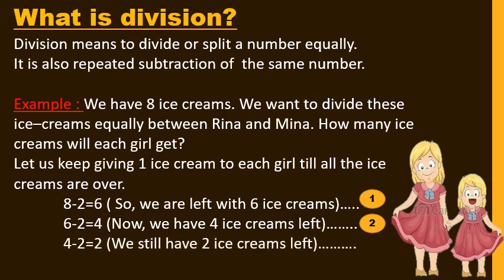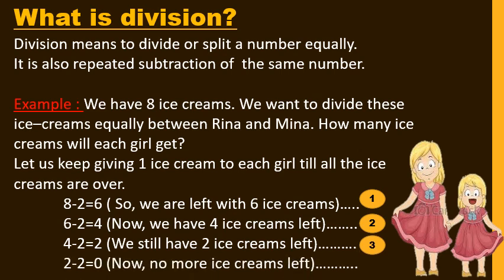Now we have 4 ice creams and we are going to give 2 more ice creams from here. So 4 minus 2 gives us 2. So girls, now we still have 2 ice creams left with us, right? And we are going to give these 2 ice creams to 2 of them.